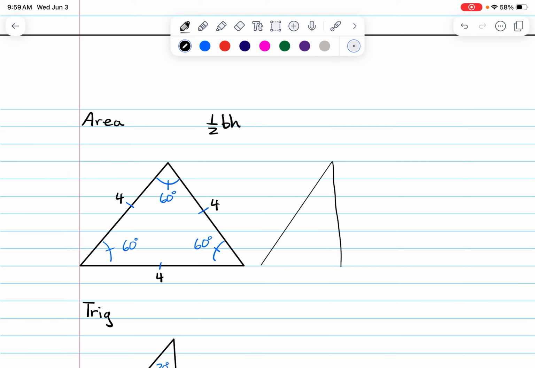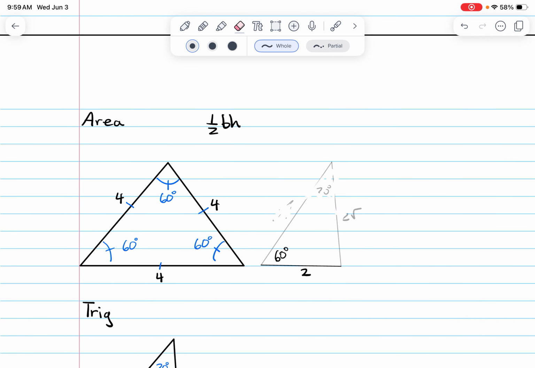Let's explore this thing. Okay, so here is 4. This is 2 now, right? And this over here is the 60 degrees, and this is 30 degrees. Actually, let me be general here, okay?